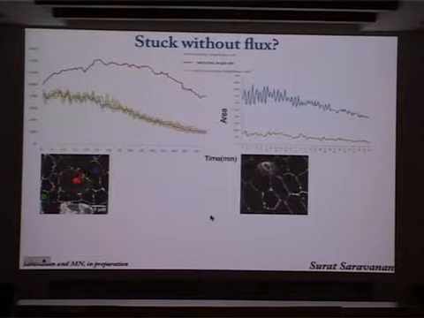But you can do just the opposite in a cell, which is to make this regulator always be on. And what you see is that the cells, again, lose their phasic behavior, but they're now constitutively constricted. And this is a neighbor here that continues to behave just the same way.